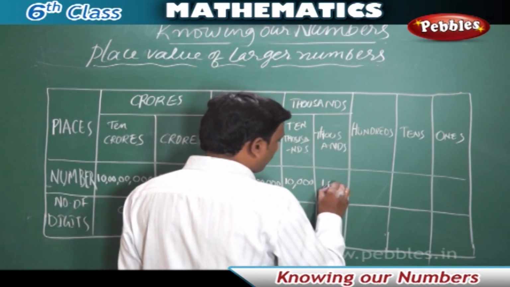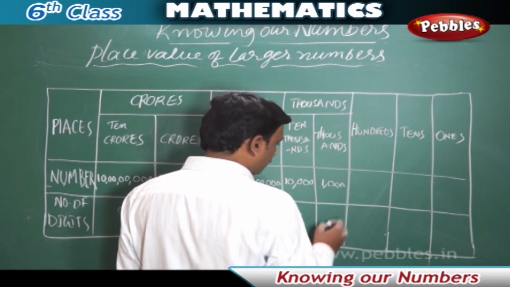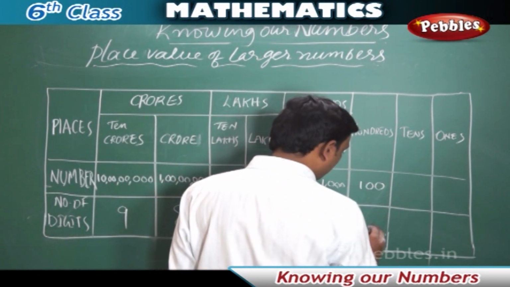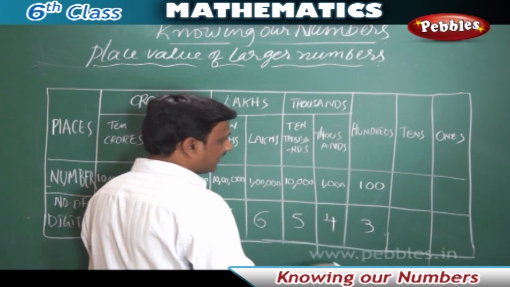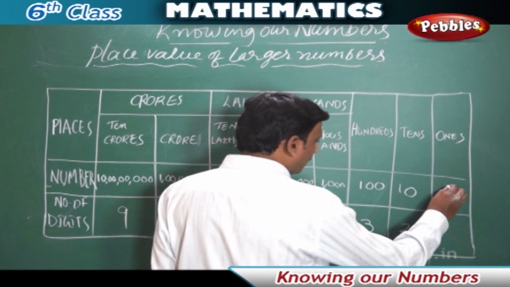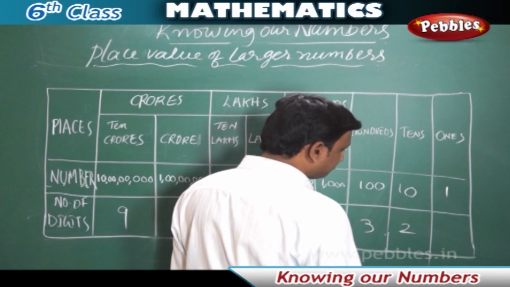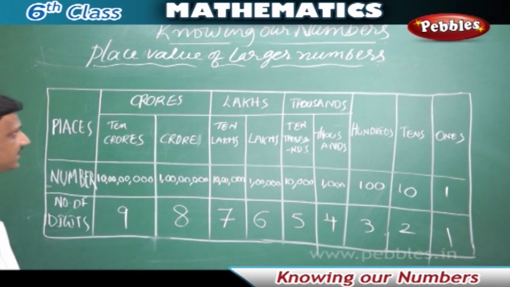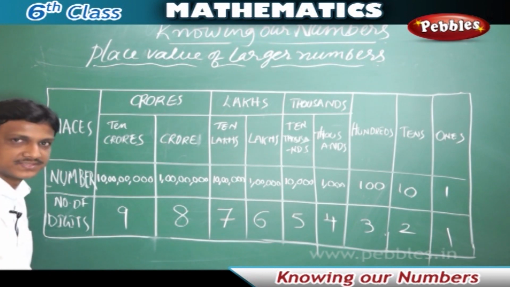And thousands: 1, 0, 0, 0, so number of digits 4. And hundreds: 1, 0, 0, number of digits 3. And tens: 1, 0, number of digits 2. And ones: 1, number of digits 1. So these are the larger numbers and their place values, and their number of digits.